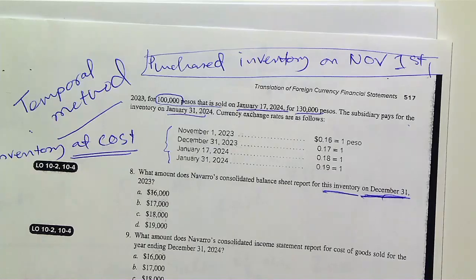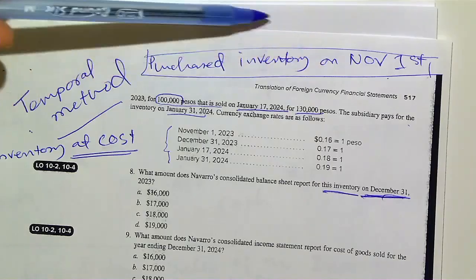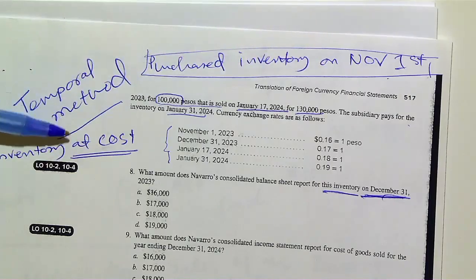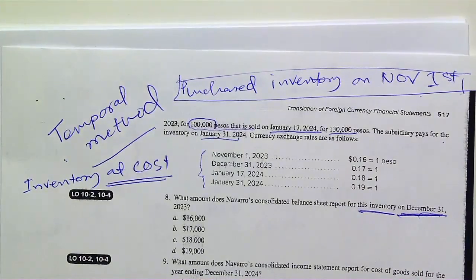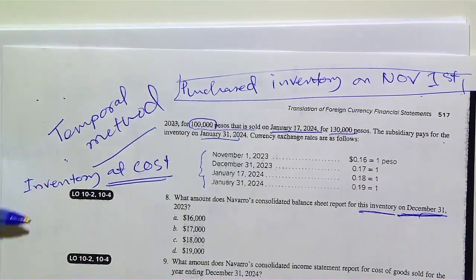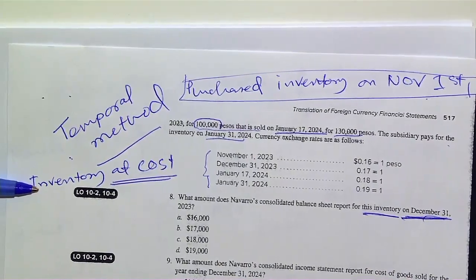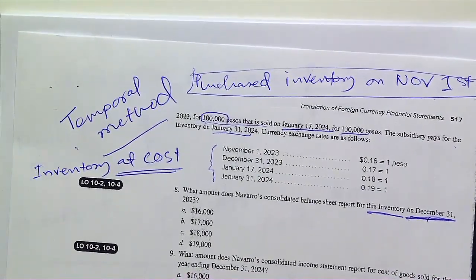We bought it on November 1st, okay? It's very bad handwriting. This is the purchased inventory on November 1st, and we are doing the temporal method. The assumption is that inventory is at cost, so inventory will be converted by the historical rate. So we have to follow the November 1st rate.